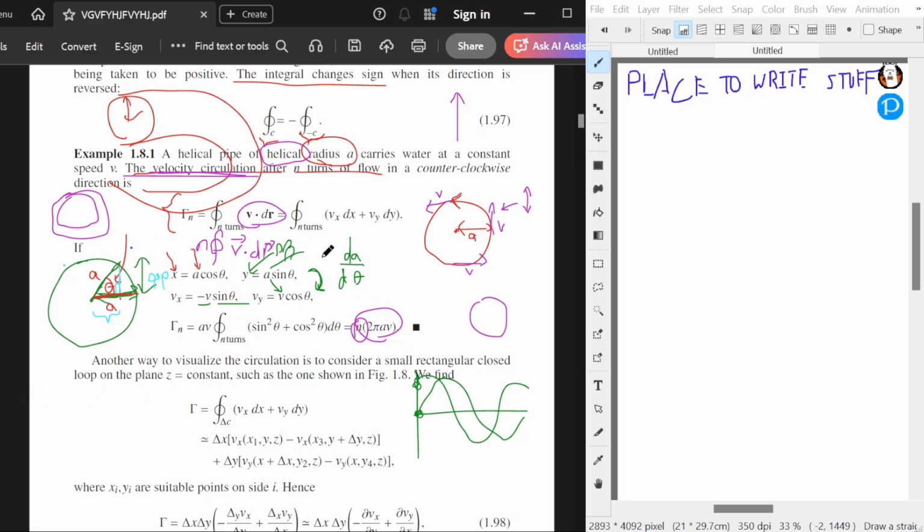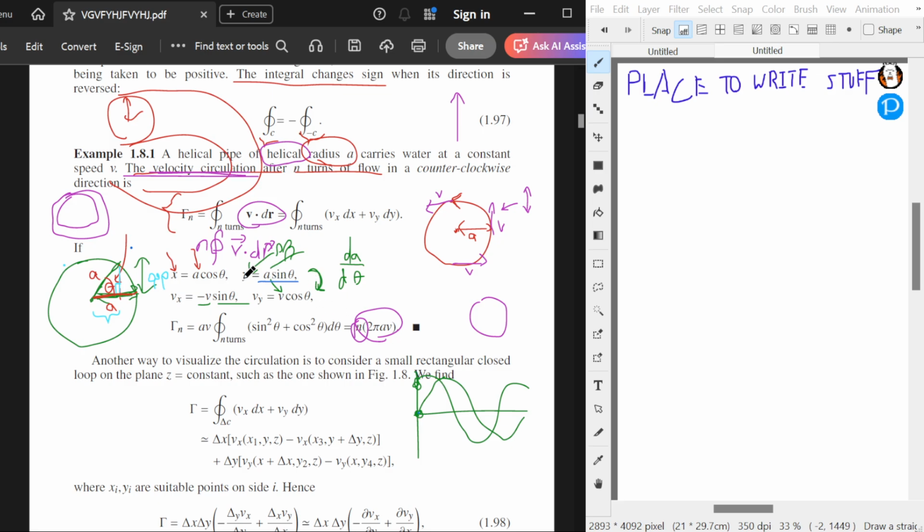Okay, so a sine theta. Let's say theta is 0. If theta is 0, then sine theta is 0, so y is 0.